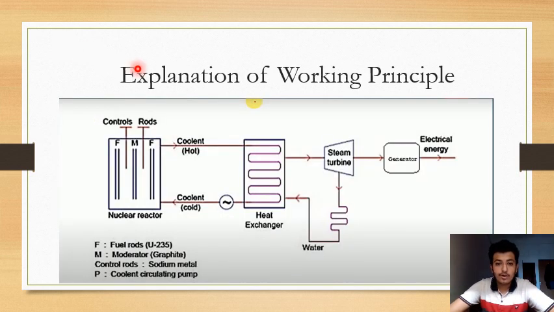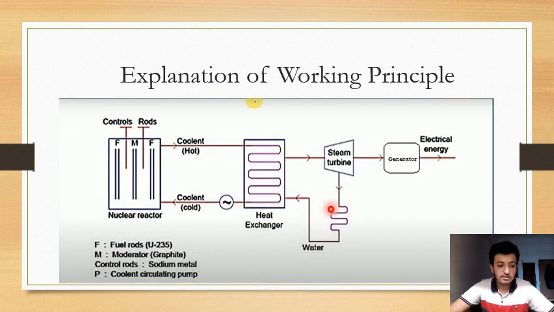Now I am going to explain the working principle of a nuclear power plant. Firstly, we look at this nuclear reactor. As we have already seen what nuclear fission is, and that this nuclear fission generates a lot of energy, due to that energy a hot liquid flows from here, which is visible, and it gets into the heat exchanger.